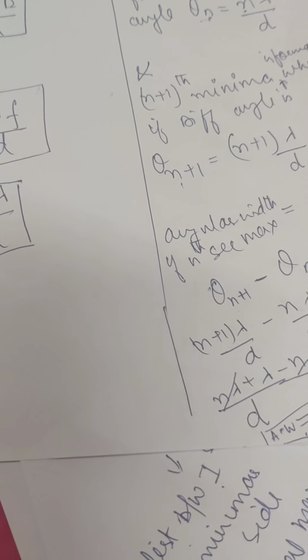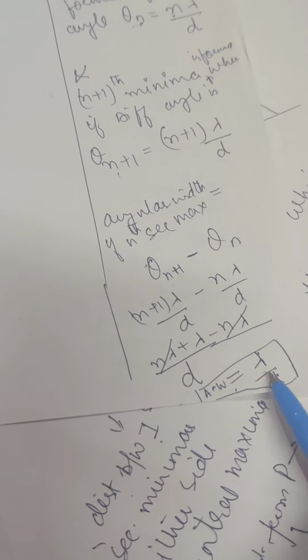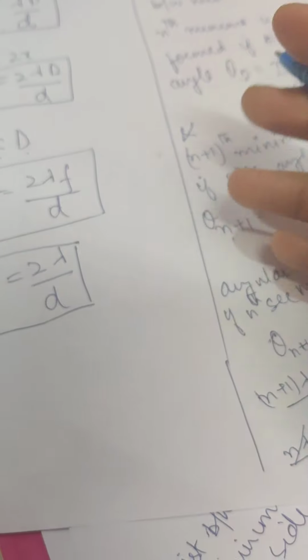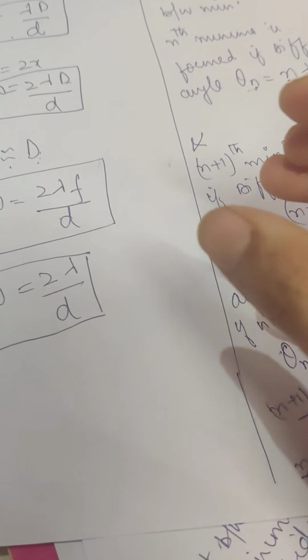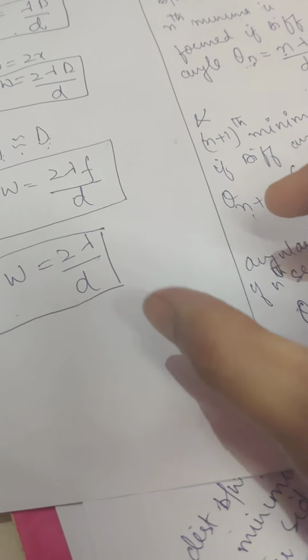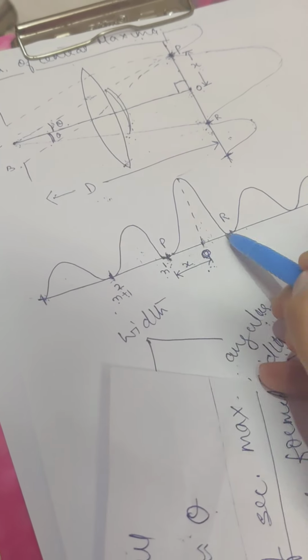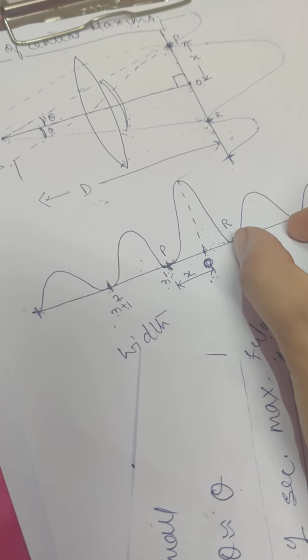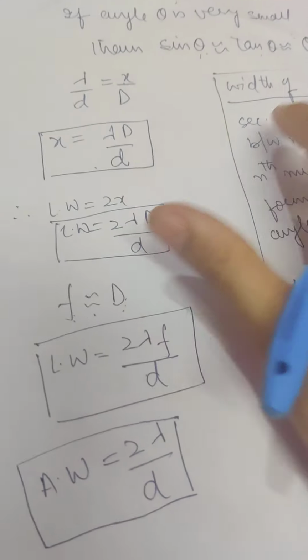This width is half of the width of the central maxima. It means the central maxima which we get in the diffraction pattern is twice as wide as the secondary maximas. Okay beta, thank you.